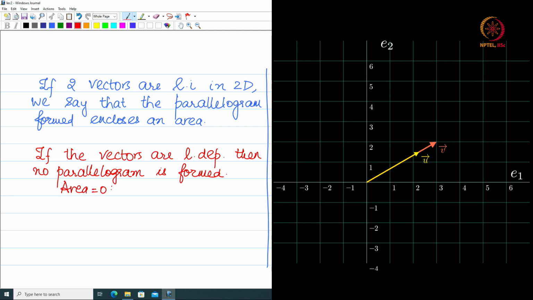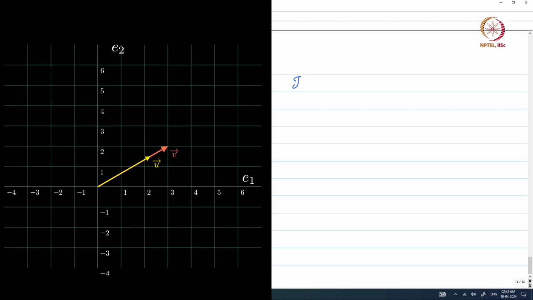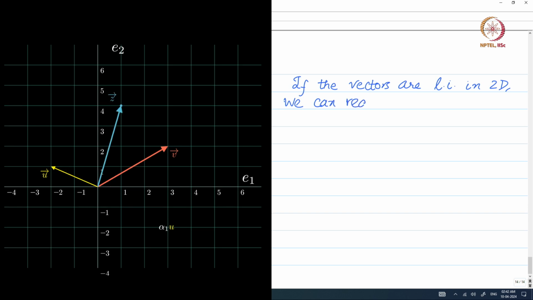Now, what is the use of these two linearly independent vectors? Why are we so interested in linearly independent vectors? If the vectors are linearly independent in 2D, we can reach any destination in 2D.